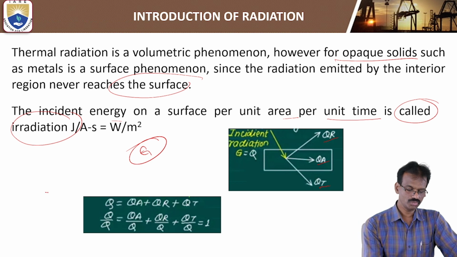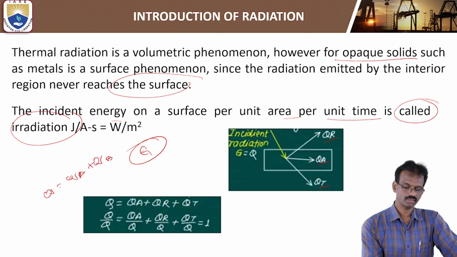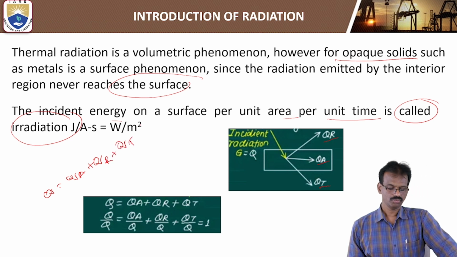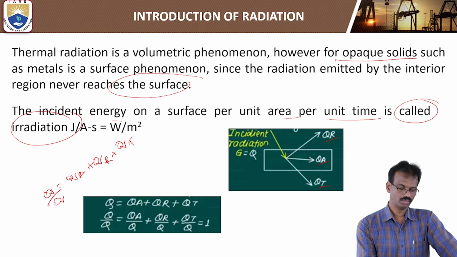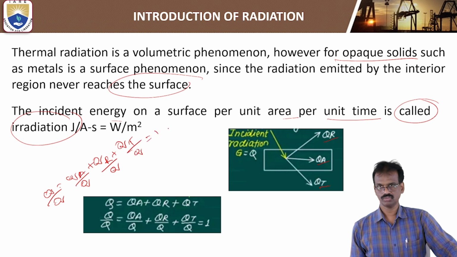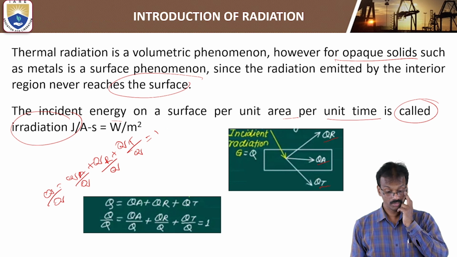So total Q is equal to QA plus QR plus QT. Finally, Q by Q is equal to QA by Q plus QR by Q plus QT by Q, which is equal to 1. So total is equal to 1.